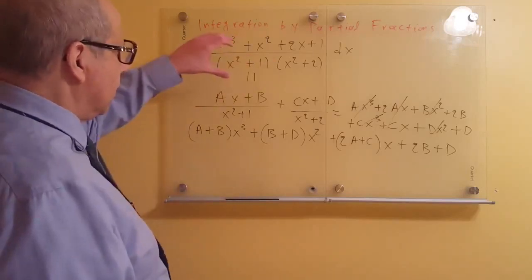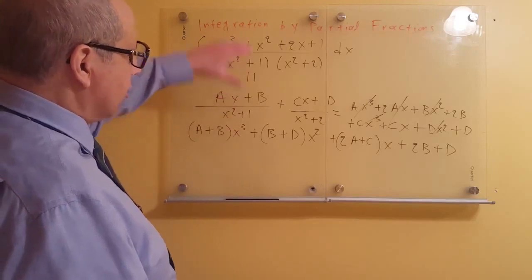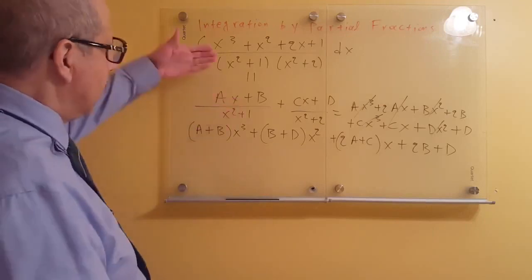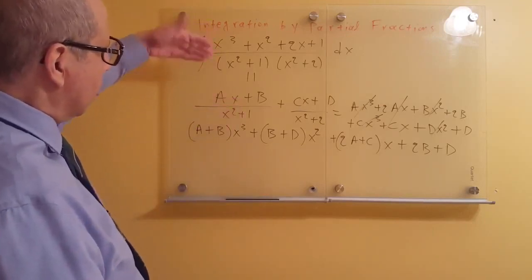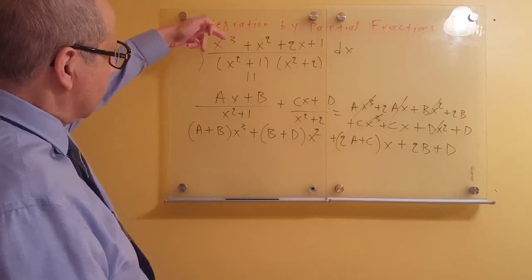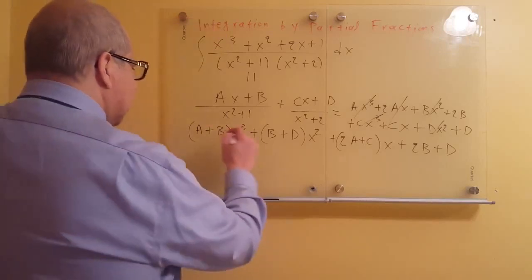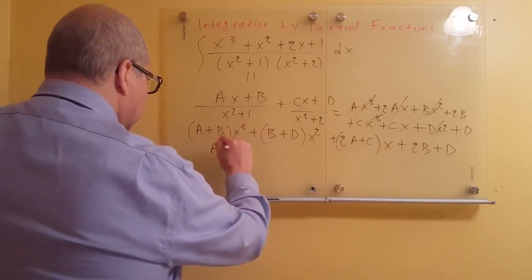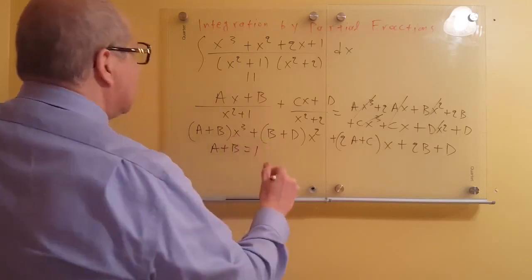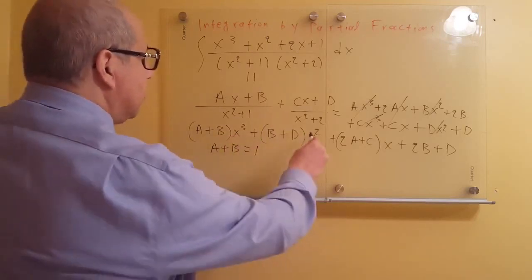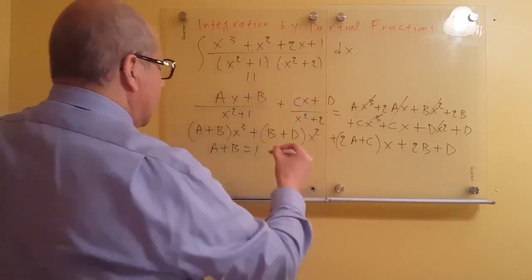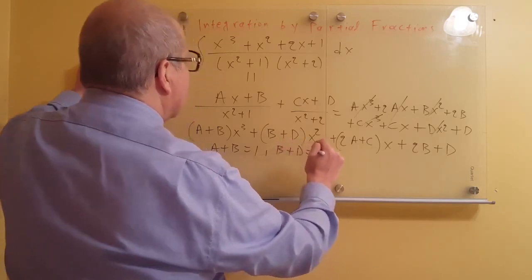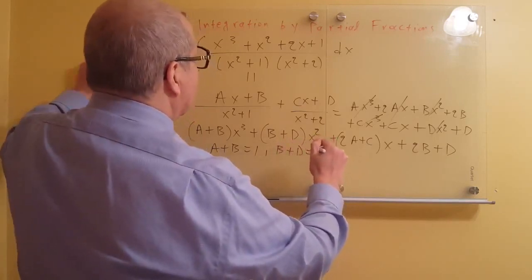So in order for these two to be the same, the numerators have to be the same, which is this and of course this. And again, it's the same thing. You have to equate the coefficients. So the coefficient before the x to the third is 1. So you have that a plus c has to be equal to 1. The coefficient before the x squared is 1, so that means that b plus d is equal to 1.